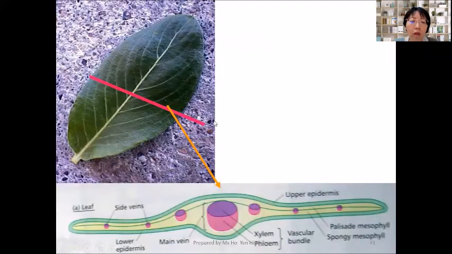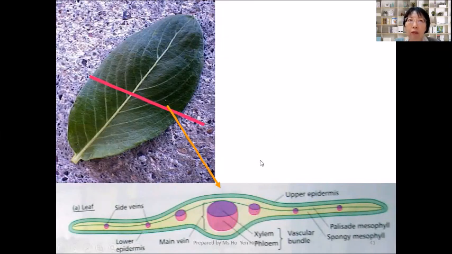The leaf: where can you find the vascular bundle? These are all the vascular bundles here. You need to know that the xylem is always on top and the phloem is always at the bottom. So how to remember? I remember it this way.